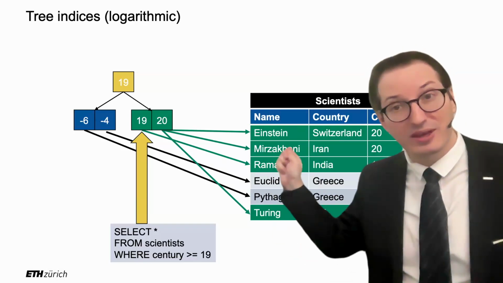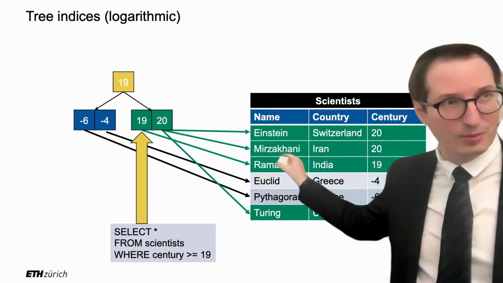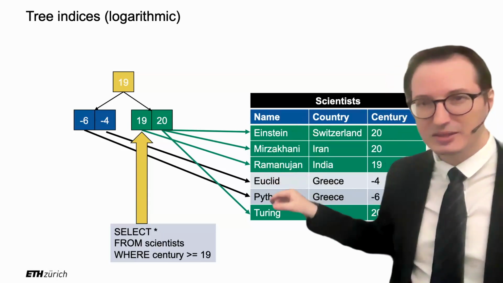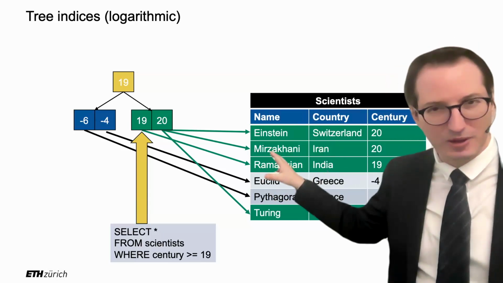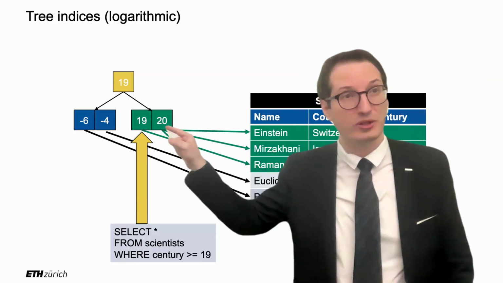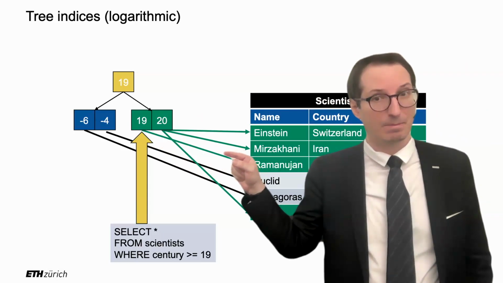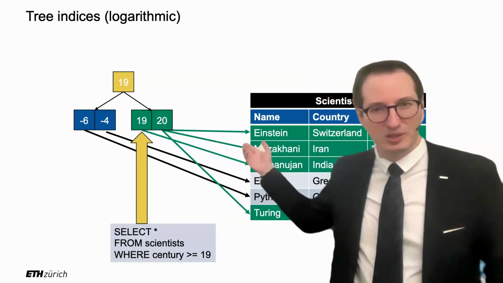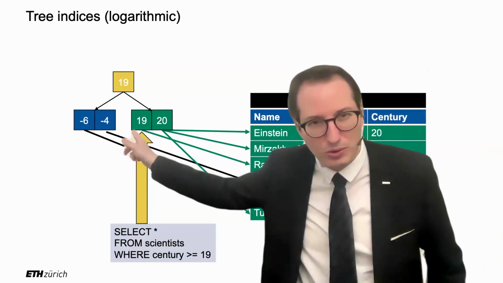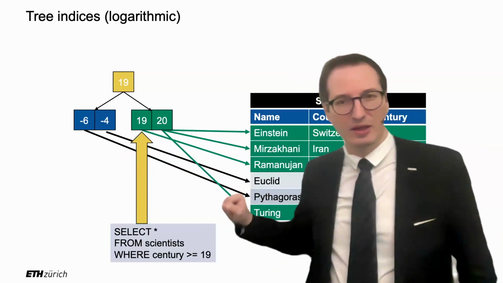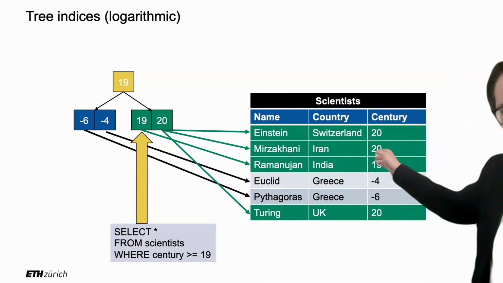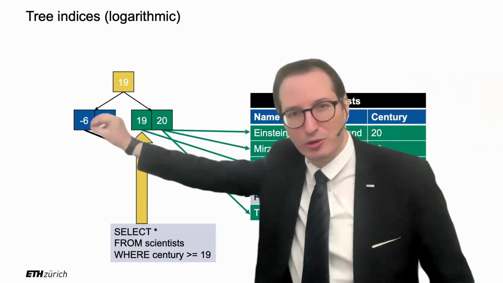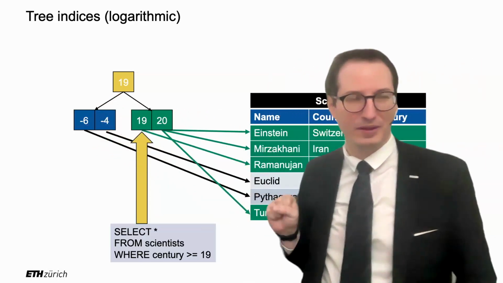And every single time you make an update to the table, inserting, deleting, or updating records, you also need to modify the index accordingly, right? If you insert a record, then you also need to insert it here. If you delete a record, you also need to delete it from here. If you update a value in a record, then you need to move it over to the new value, right?